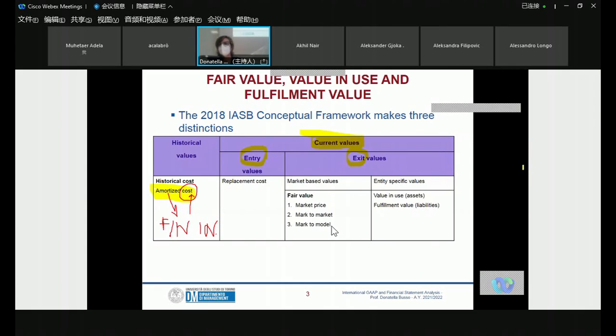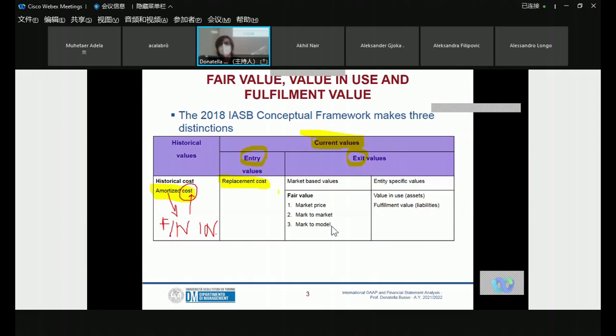If we have an asset and we need to determine the current value of that asset, for example, at the end of the reporting period, at the end of December, the current value could be an entry value. So in this case, we try to define the so-called replacement cost.